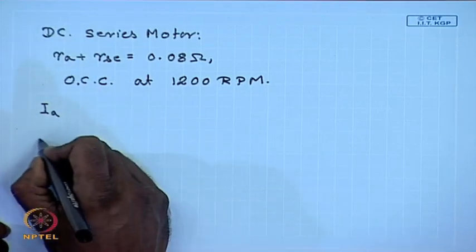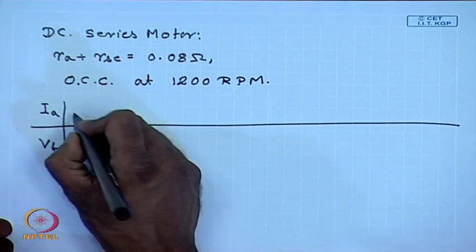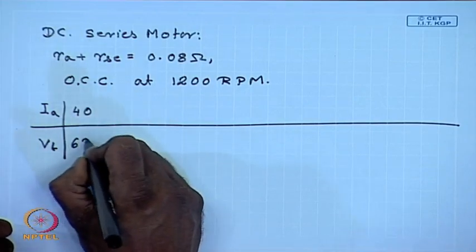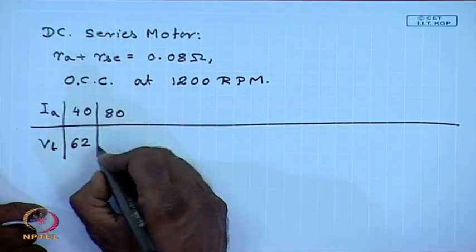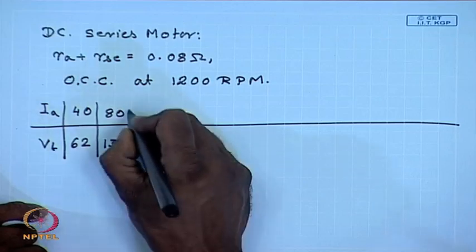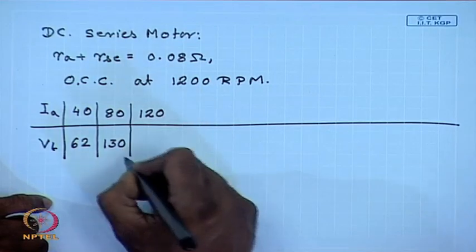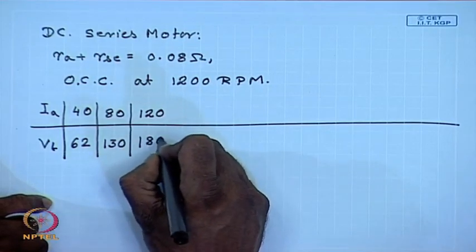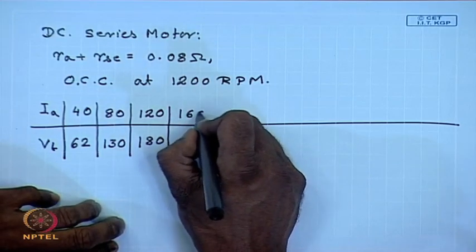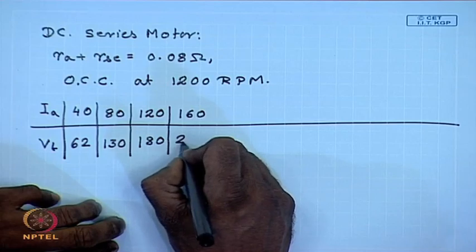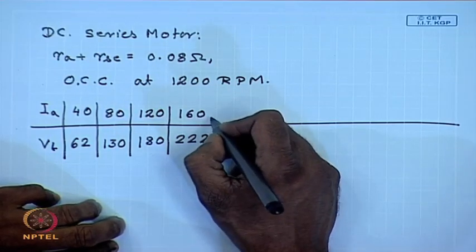IA, Vt: at 40 amperes, Vt is 62 volts. At 80 amperes it is 130 volts. At 120 amperes it is 180 volts. At 160 amperes this is 222 volts.